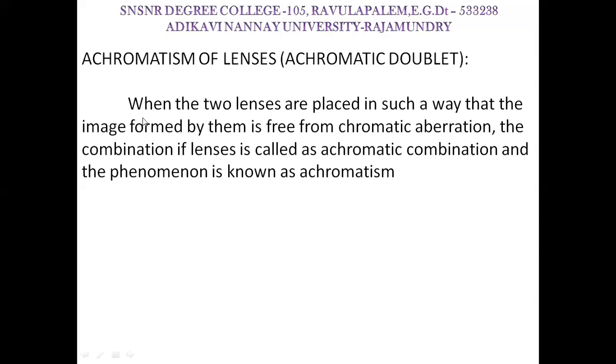When two lenses are placed in such a way that the image formed by them is free from chromatic aberration, the combination of lenses is called an achromatic combination, and the phenomenon is known as achromatism.